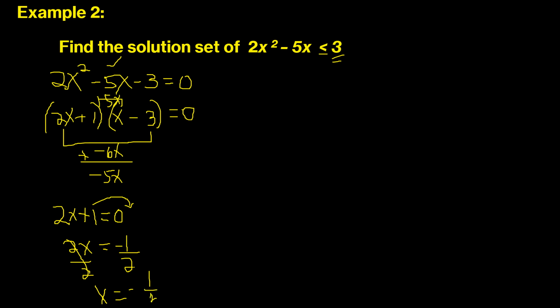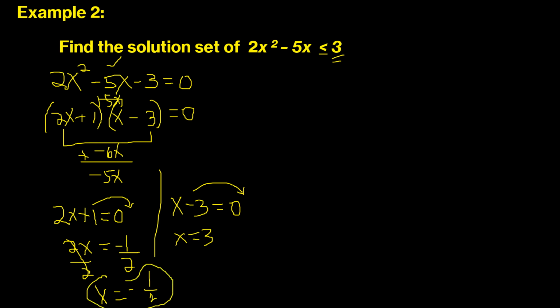And the other factor, we use it also to find the remaining root. So x minus 3 is equal to 0. And transpose 3 again to the other side to solve for x. So we have x is equal to 3. Okay, so these are our boundaries. We have x is equal to negative 1 half and x is equal to 3.